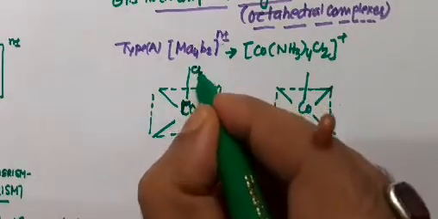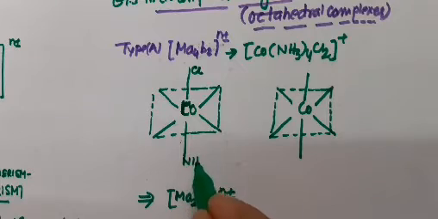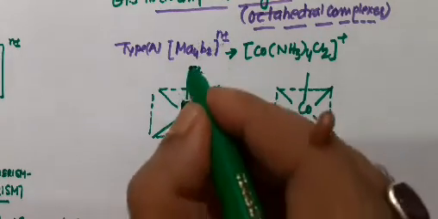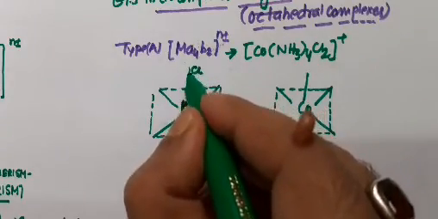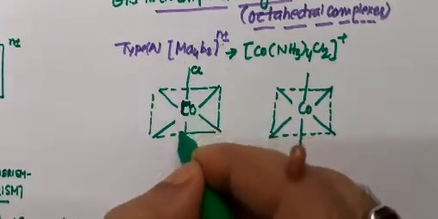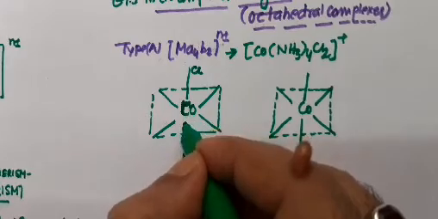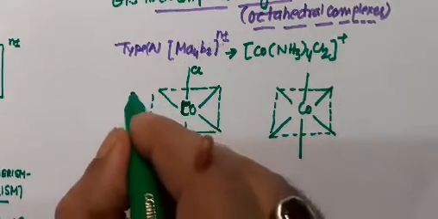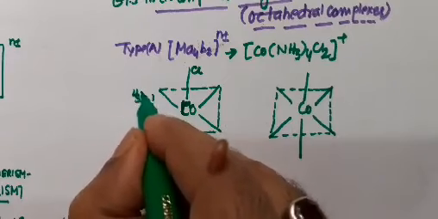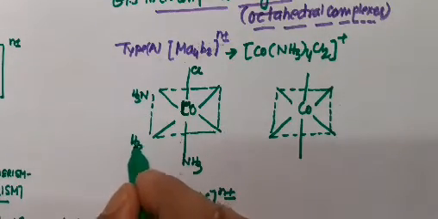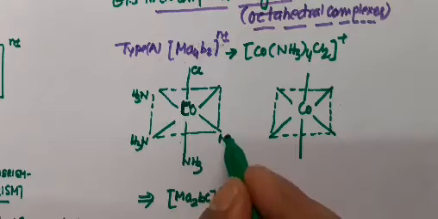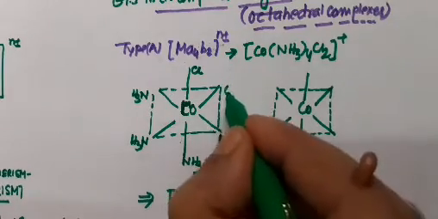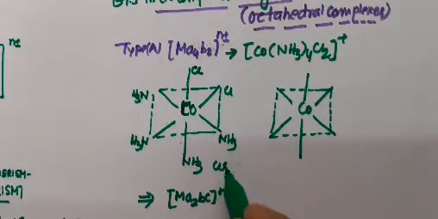This is Cl and NH3. This is Cl and NH3. Two different ligands are placed along the axial bond, and then like this. So this arrangement is known as the cis arrangement.